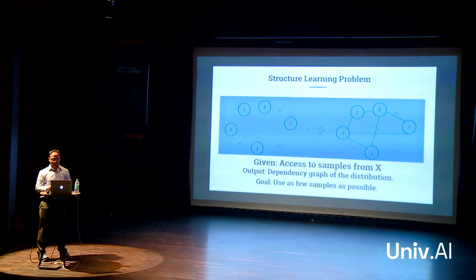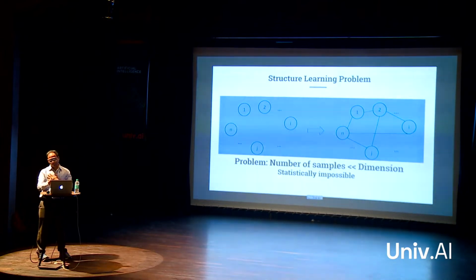Definitely less than n. As I just said, the setting in practice that you face in the real world is that the number of samples is much less than the dimension of the data. And if you just approach it in this broad generality, the problem becomes infeasible, statistically impossible to solve. You just don't have enough data.